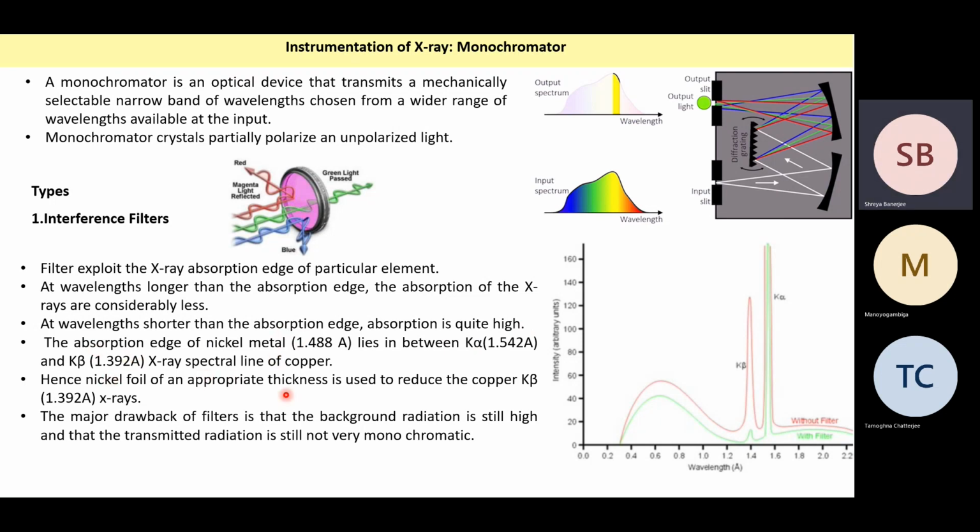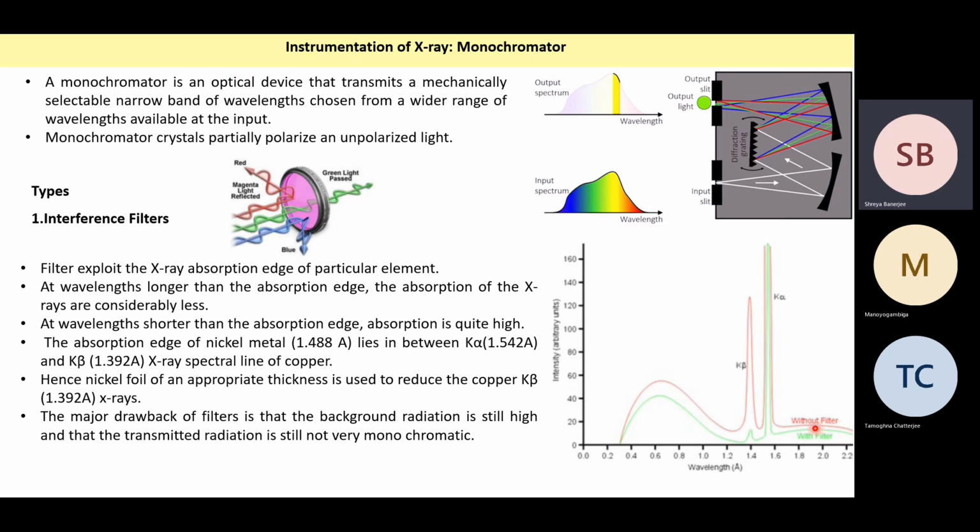So if you use a nickel foil, it can selectively absorb the K beta radiation around 1.39 angstrom, and so only the K alpha radiation will be transmitted through the nickel foil. Here you can see the red line shows the radiation from a copper anode without using a filter, and you have a substantial amount of both K alpha and K beta.